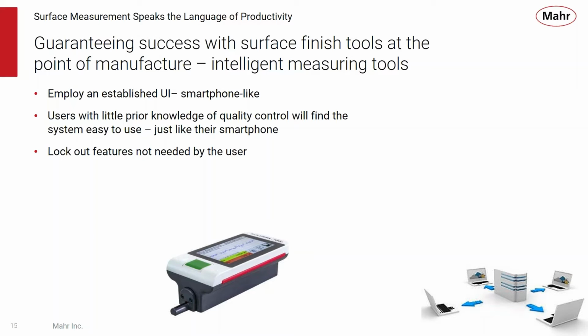So users with little prior knowledge of quality control will find systems easy to use, just like they're doing today with the tools that they have. And we can also provide lockout features to prevent operators from setting wrong parameters or not using the instruments properly.